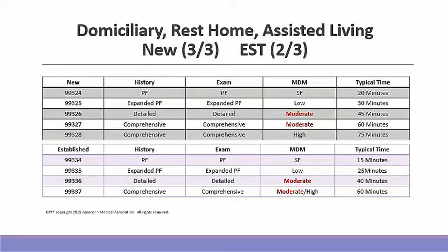New patient codes could be either 99326 or 99327, depending on how much history and exam the provider also documented. And for established patients, 99336 or 99337 could be supported, again depending on how much documentation was performed by the provider in the other 2 key components.